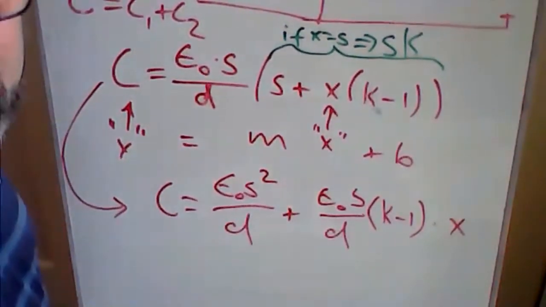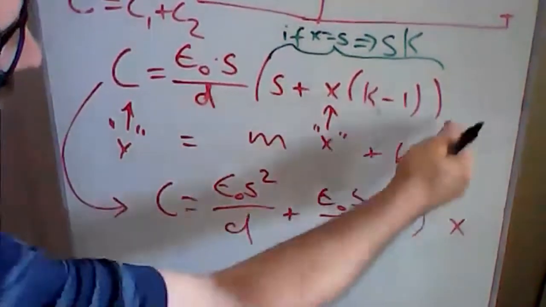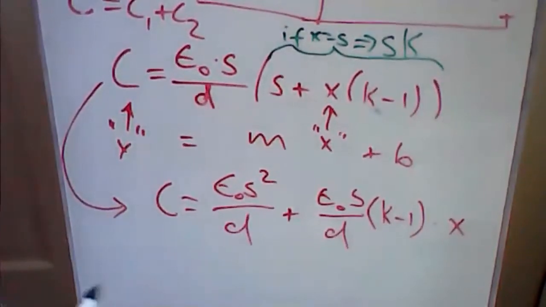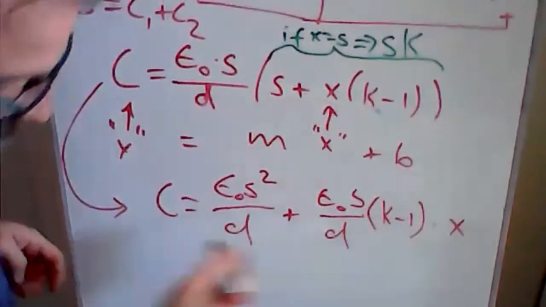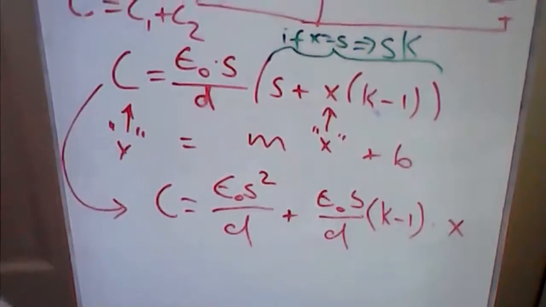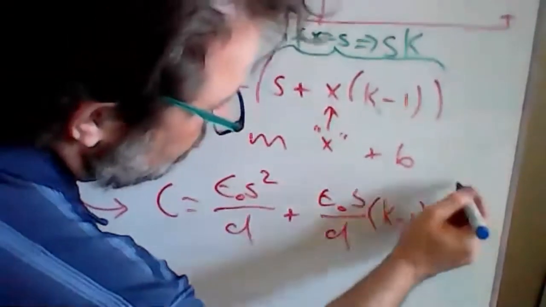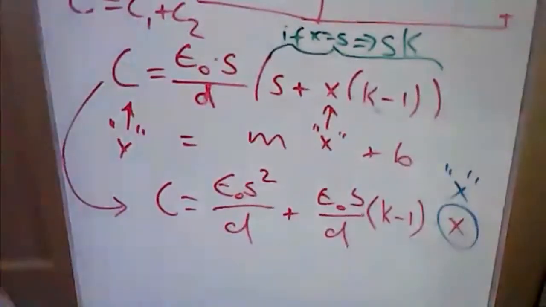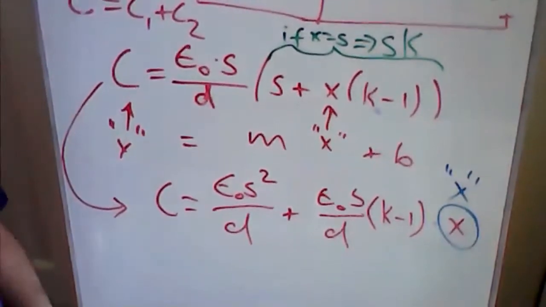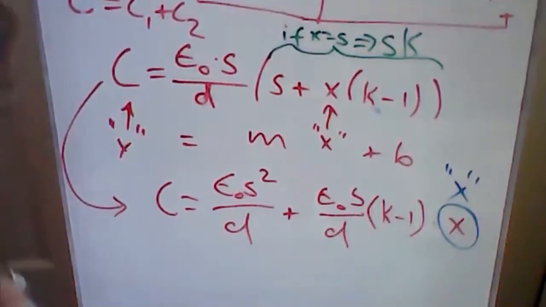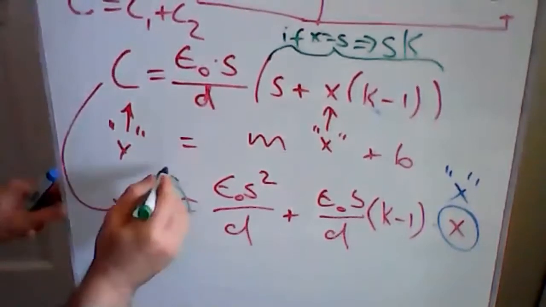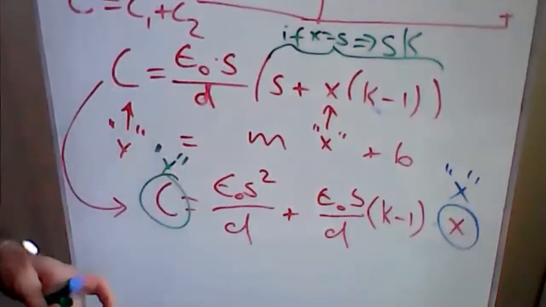Do you guys concur? I just flipped this a little bit to put the x at the end. And the reason for that being that x is x. Agreed? And C, well, that's y.